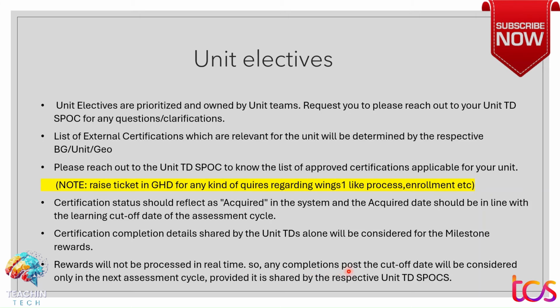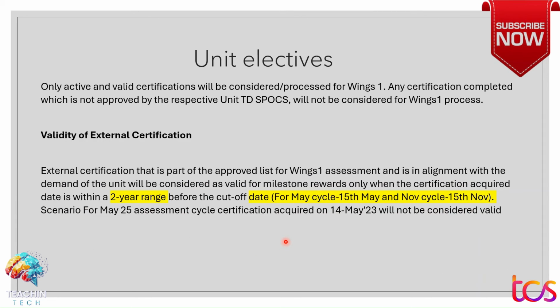So any completion post the cutoff date will be considered only in the next cycle, provided it is shared by respective unit TD spots. So the thing is that you should get approved before the learning cutoff date, and also they should share that before that, right? So that they can process and they can take required actions on that. So keep that in mind.